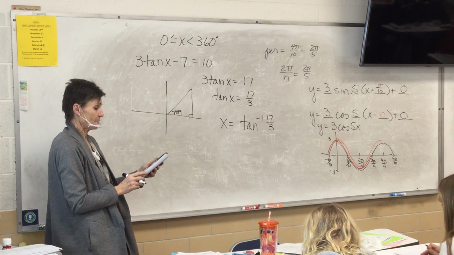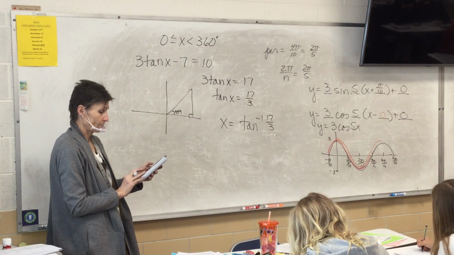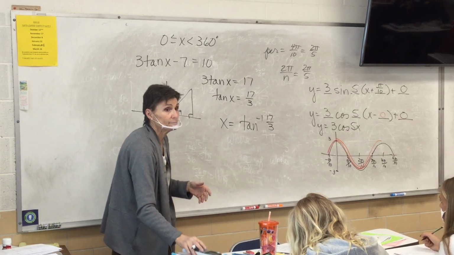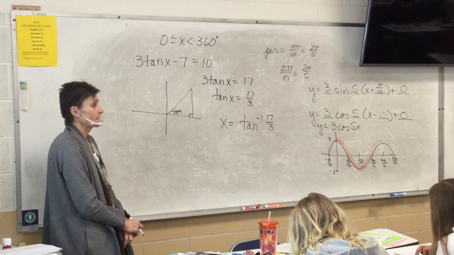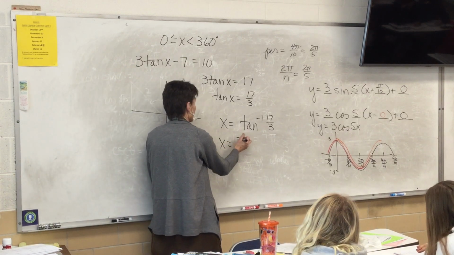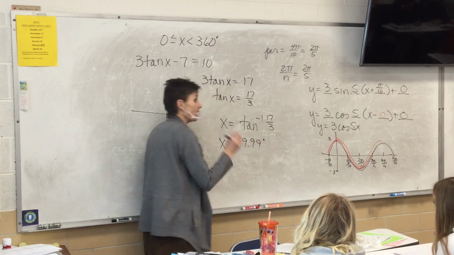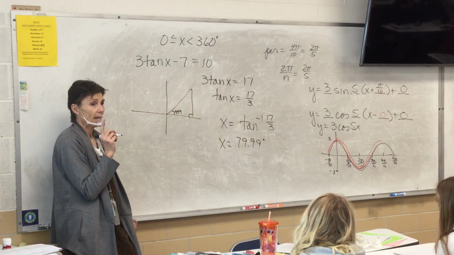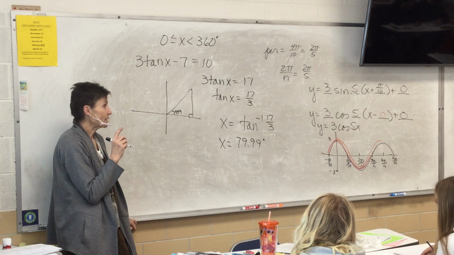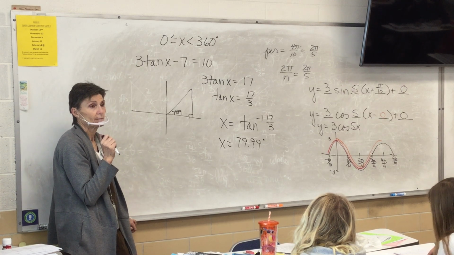Second tangent of 17 divided by 3. Got a nod? Okay. So one of my answers is 79.99.